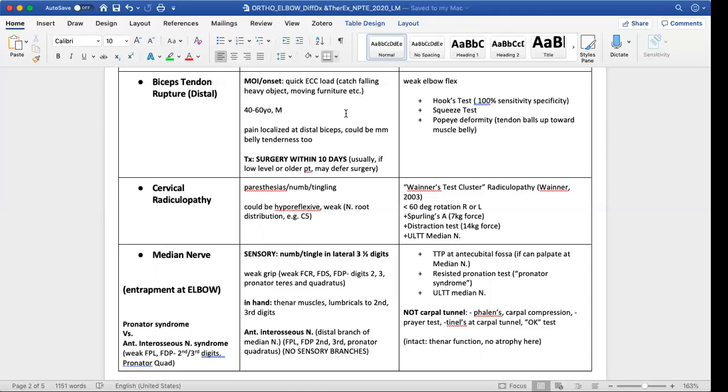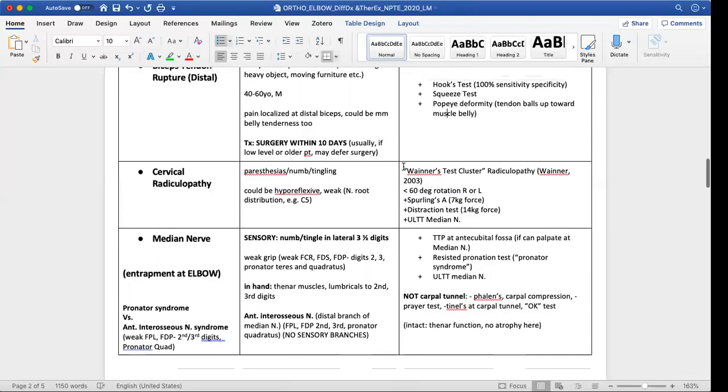So heavy lifting, commonly described in middle-aged males who are moving furniture. It's a pretty common MOI. And this person's going to have weak elbow flexion because of the contribution of the biceps to flexion at the elbow. It could be painful, although one thing that we see described is that a full rupture of a muscle or tendon sometimes is painless. So that's something to keep in mind because that tissue has been fully torn.